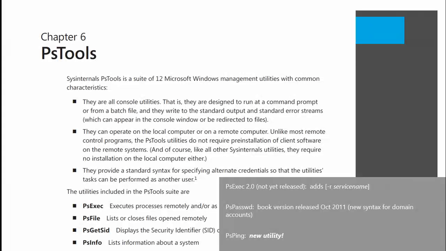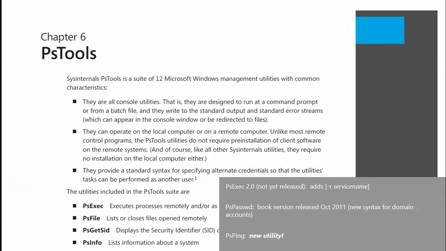And in the process of writing the book, this is a very detailed book, over 450 pages, when I say accurate and complete, I mean we spent a lot of time making sure everything in there was completely accurate. And while we were reviewing the command line options on some of these utilities, we started rethinking, is this really the best way to do it? PsPasswd had some stuff that didn't work well with domain accounts and things like that.